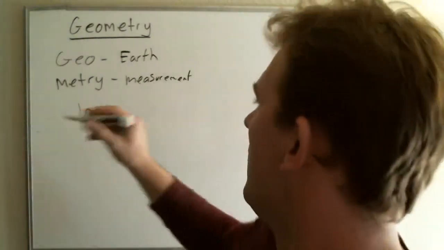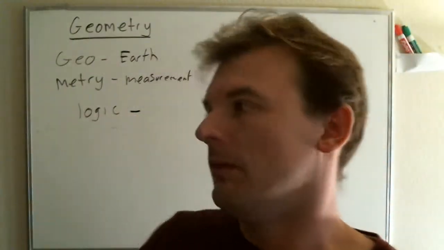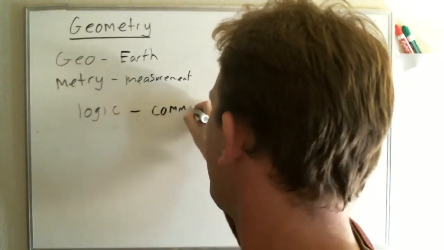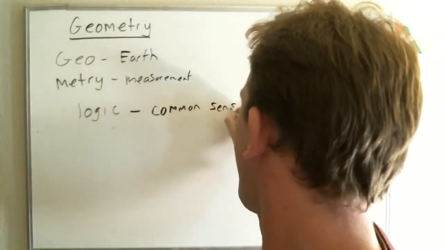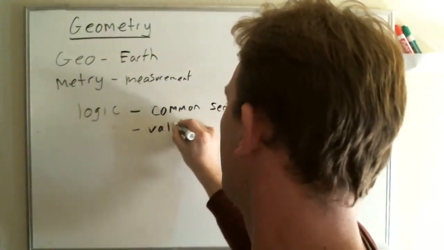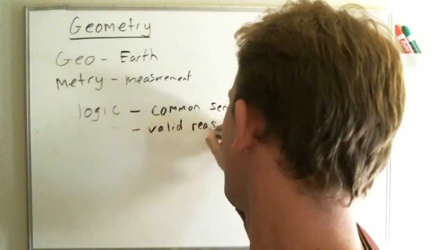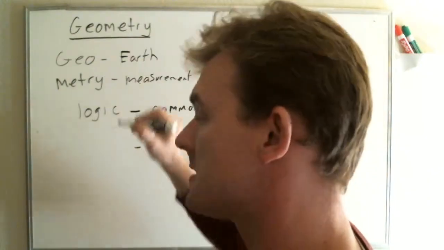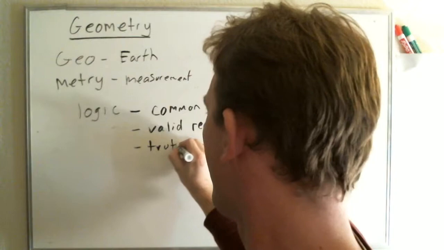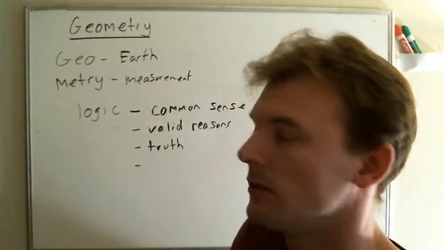Okay, I understand that, but I can't define it myself. Some people say it has to do with common sense, or valid reasons. Some people might say it's a way to get the truth.